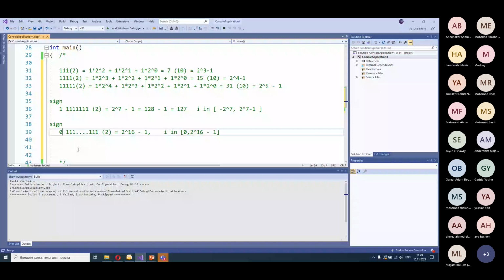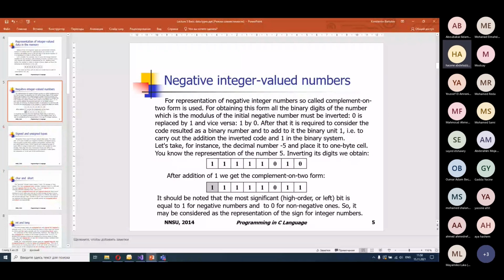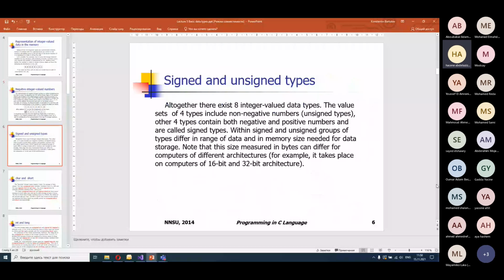The first cell is only for the sign. And here is an explanation of how to store a negative number in two's complement code. I skip it. So I explain the idea.